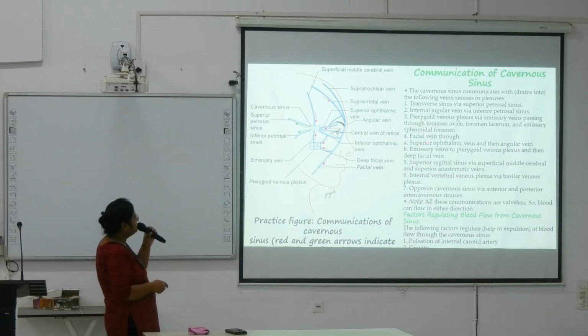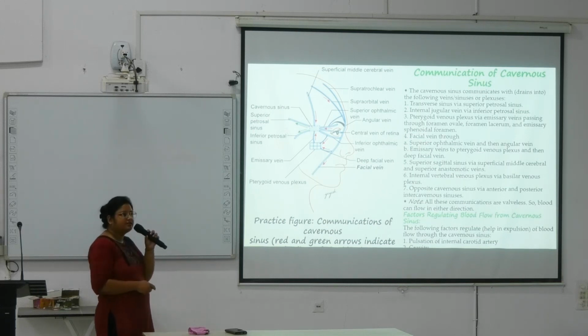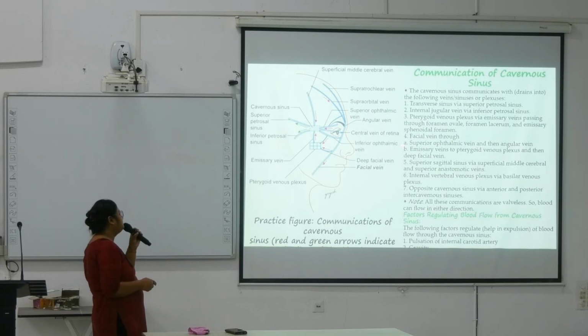Then to the facial vein through two ways. It is connected to the facial vein via the superior ophthalmic vein and then via the angular vein. Here, the superior ophthalmic vein and angular vein are connected. And emissary veins to the pterygoid venous plexus and then the deep facial vein.